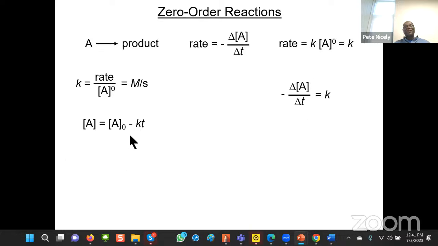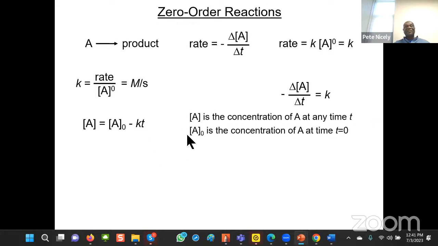So this expression is basically relating the concentration of the reactant to time for a zero order reaction. Just to indicate what the different terms are, this is the concentration of A at time t. This here, concentration of A0, is the concentration of A at the start of the reaction where time is equal to 0.